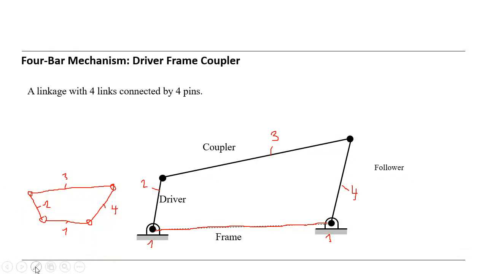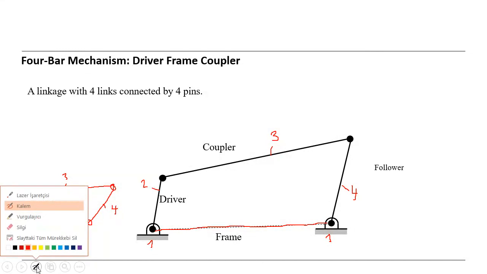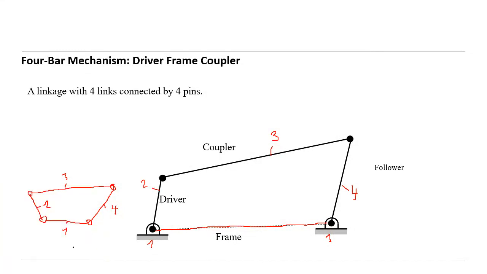Okay, and if we fix, for example, the member 2, let's use another color. If we fix the member 2, then we will have such a mechanism. So like this, member 2. They are going to fix it, to ground it.